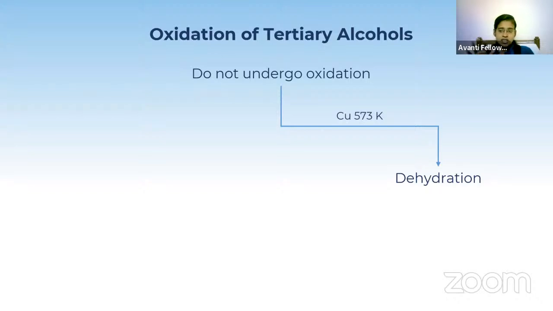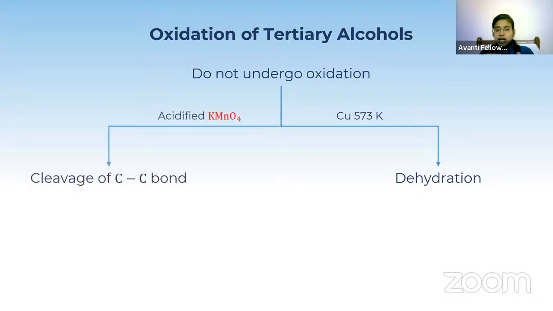So this is one side. And instead of copper, if I use acidified KMnO4, carbon-carbon bond will be broken down and they will lead to some other product. Now we will see these two reactions in the next slide.